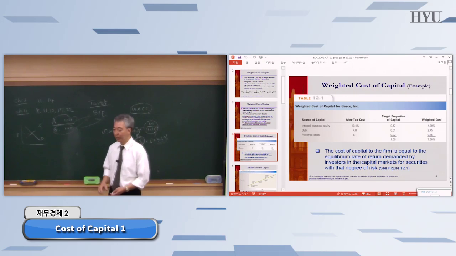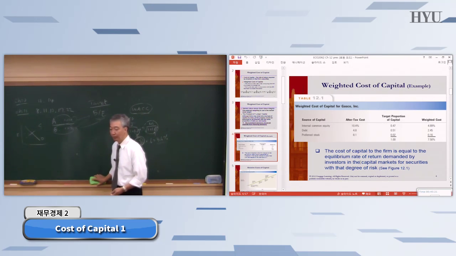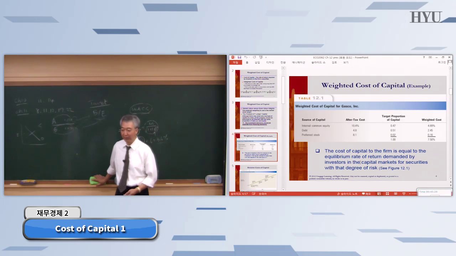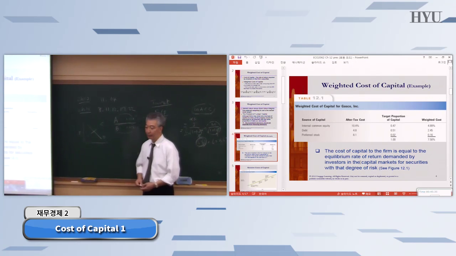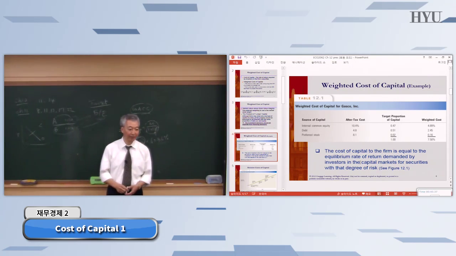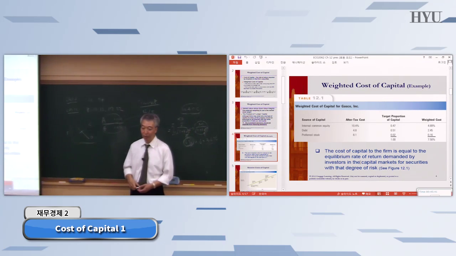Equilibrium seems to give the impression that everything's perfect. If you're in equilibrium, everything's fine, everything's perfect, right? But that's not what this point is about.